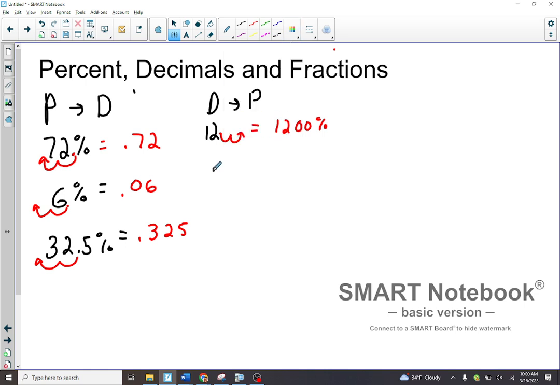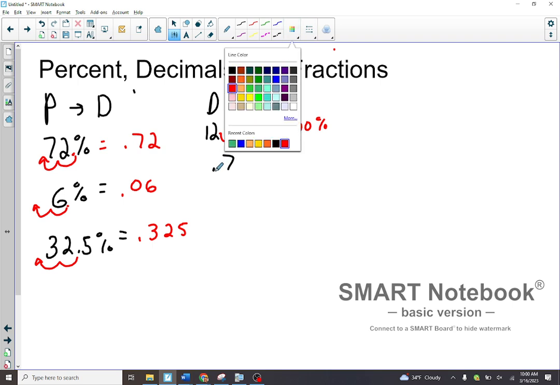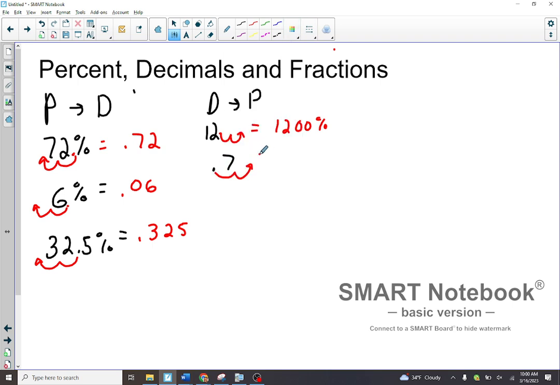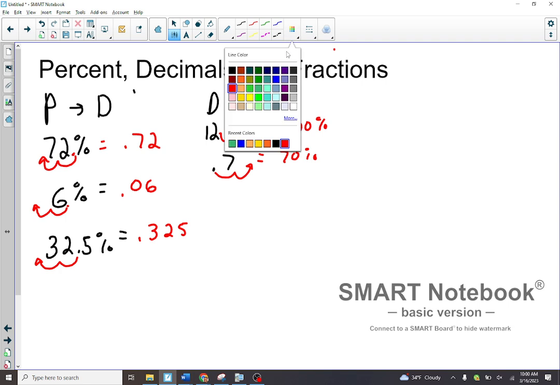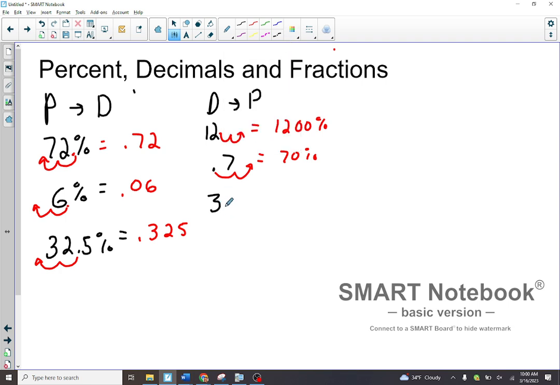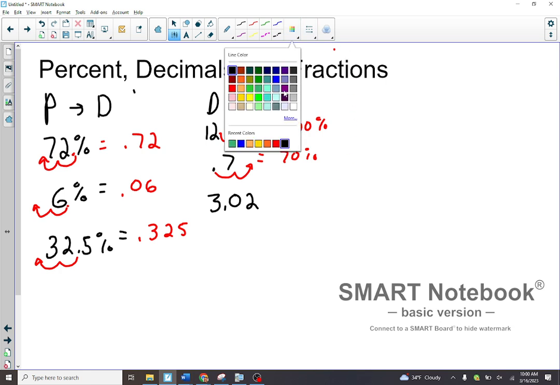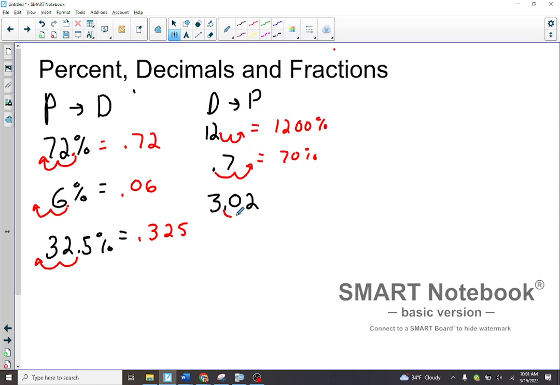If I had 0.7, remember, I still have to move it twice. So that's going to be 70%. If I had 3.02, I still move it to the right twice. So that's going to be 302%.